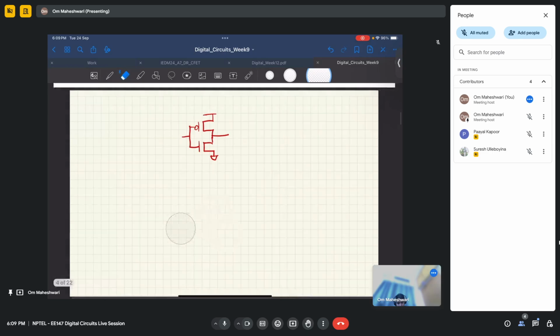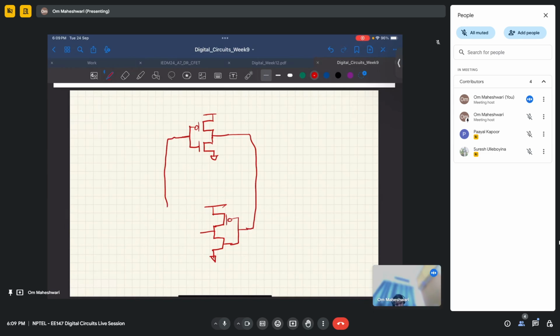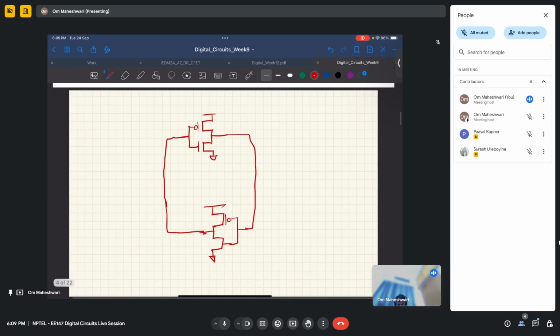Let me make it the opposite way. Now the output and input of both are connected back to back. So these are four transistors from the inverters.